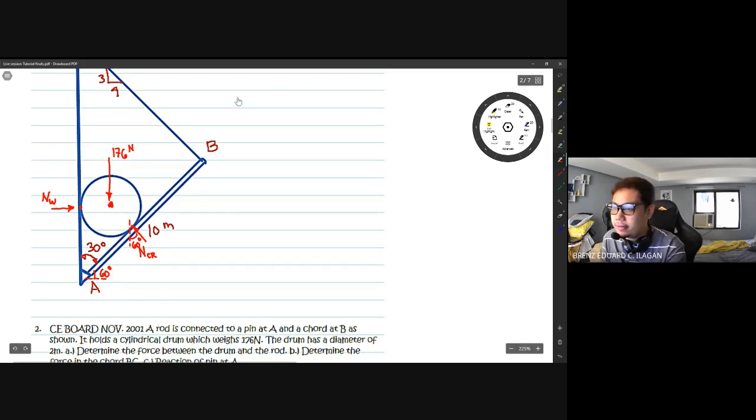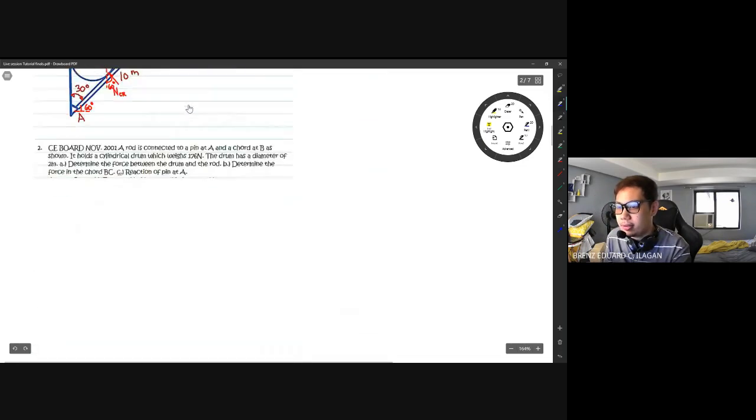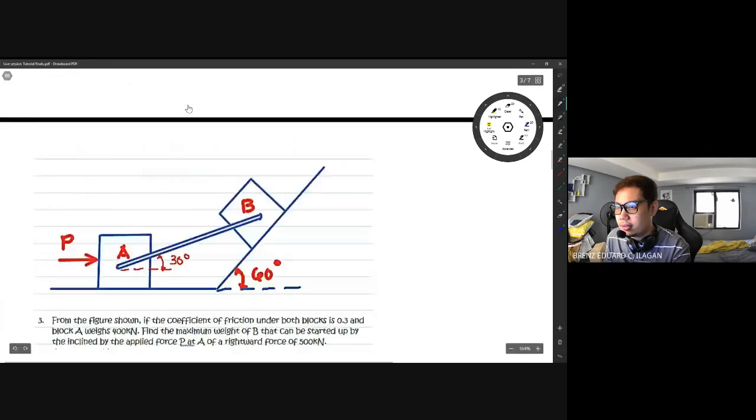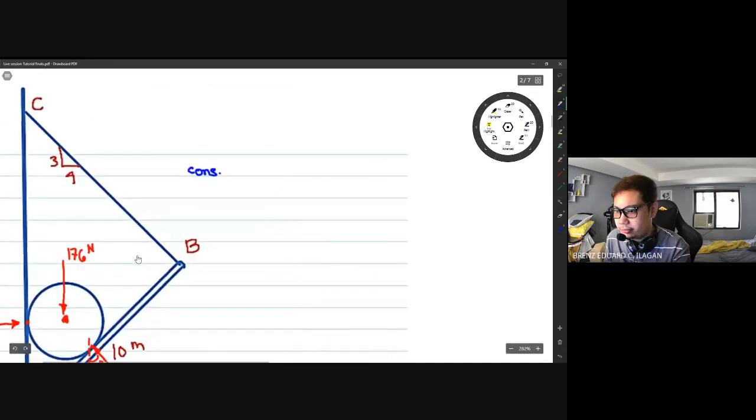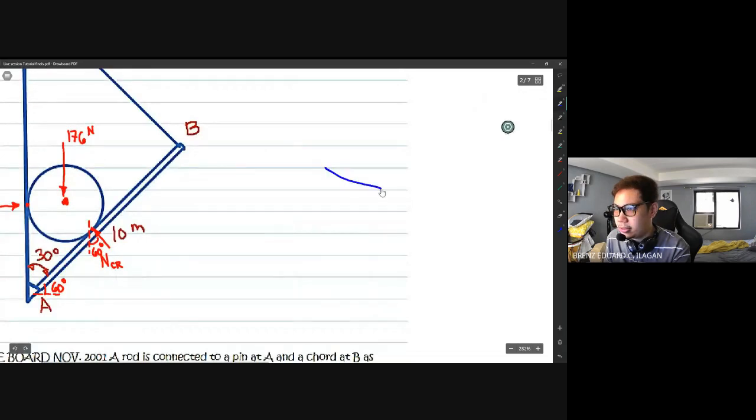Okay. So now let's consider, may space pa ba sa taas? Sige, dyan na natin isiksik. Marami pa pala ang space.